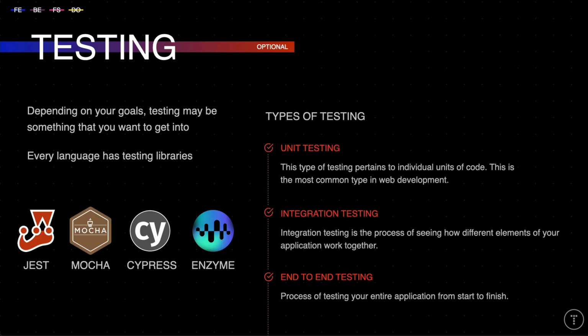If you're looking to run end-to-end tests, Cypress is a good option. It's JavaScript-based testing that allows you to write tests that run in the browser. And then Enzyme is a JavaScript testing utility for React. You also have React Testing Library. There's just so many of these, and I can't go over all of them for every language, but definitely something you want to look into if you're looking to build really complex applications.